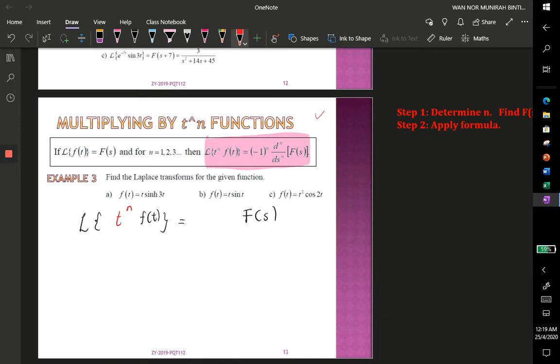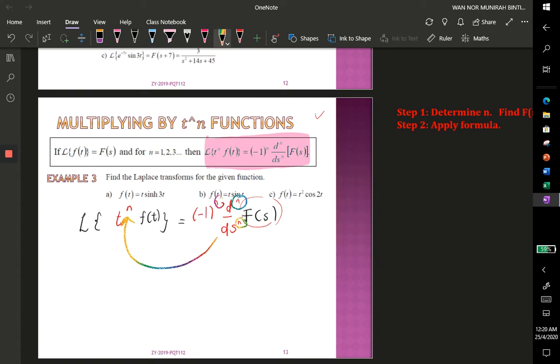So when you have Laplace of t to the n multiplied by a function f(t), the property says that it equals (-1)^n times the n-th derivative of F(s). Where does n come from? n comes from your t to the n.